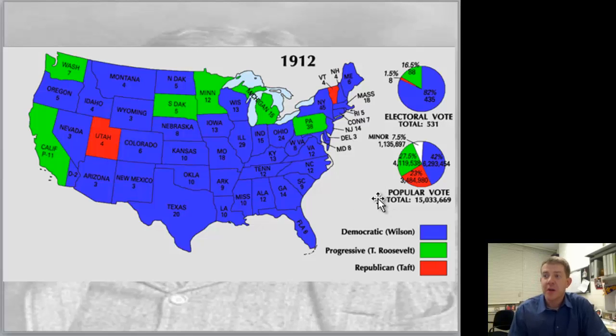If you project those popular votes out to all of the different states that are blue, you have Taft stealing votes from Roosevelt, or vice versa, Roosevelt stealing votes from Taft, in all of these states. That may have cost one or the other the electoral votes to Wilson. So it looks like an electoral landslide, but when you look at the situation, the fact that there was a third party had a pretty dramatic impact on the outcome of this election.